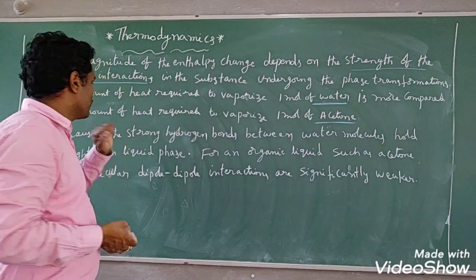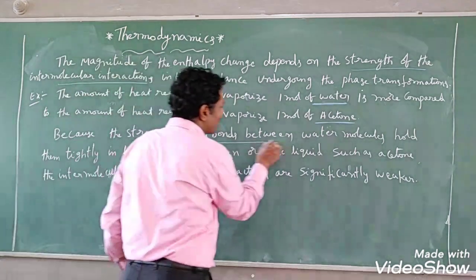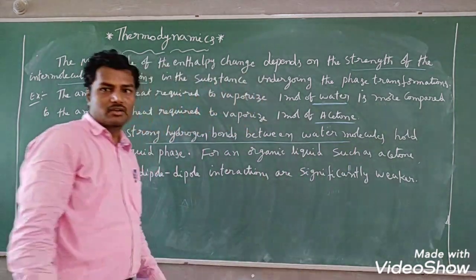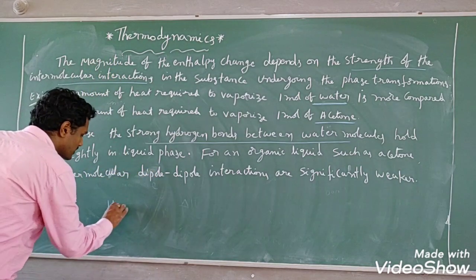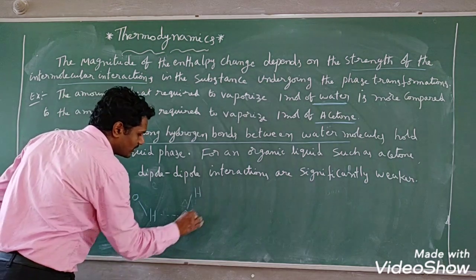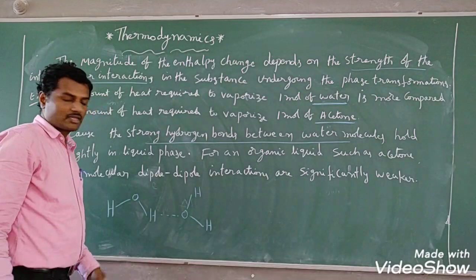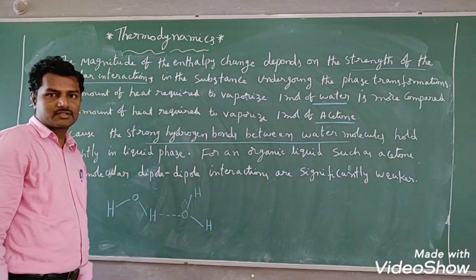For example, if we take water, there are strong hydrogen bonds between water molecules, between water and water, like this. Hydrogen bonds are represented with dotted lines.